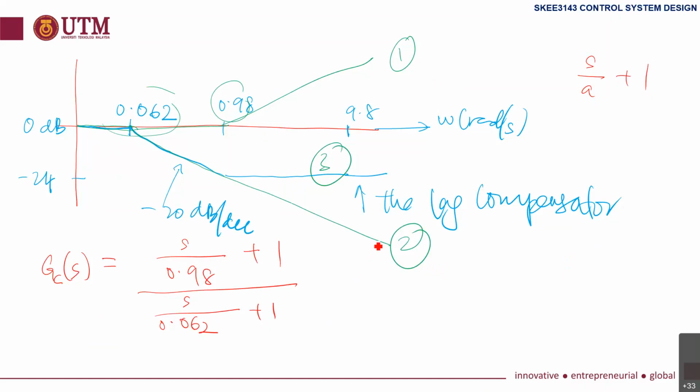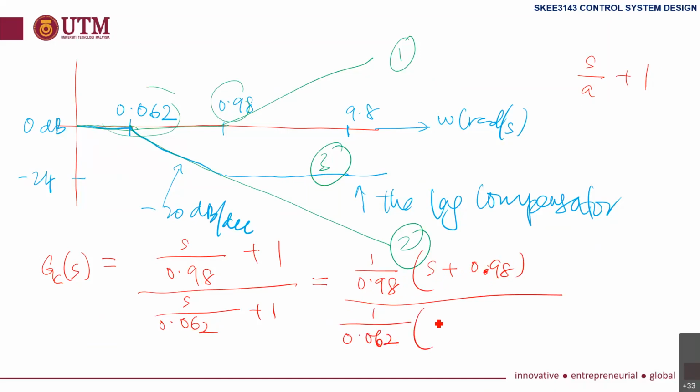This is the transfer function. From here, we can rewrite it in another form. I can take 1 over 0.98 outside, so that is S plus 0.98. Similarly, 1 over 0.062, S plus 0.062. If you multiply, you get the same.